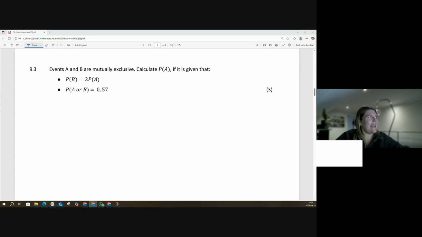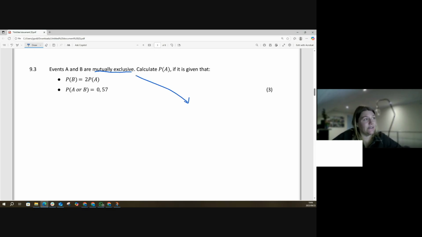Events A and B are mutually exclusive. Who remembers what mutually exclusive means? They don't intersect with each other. Good. So mutually exclusive is we've got these two separate situations.